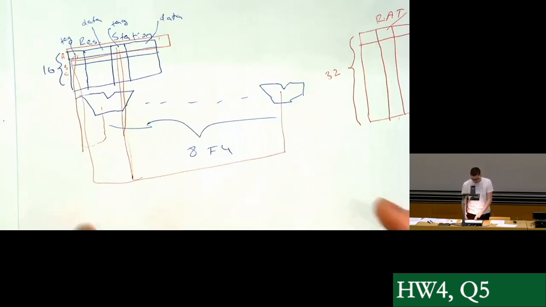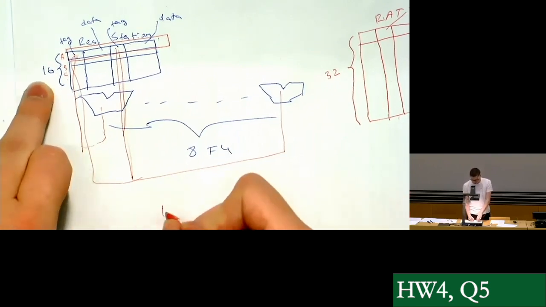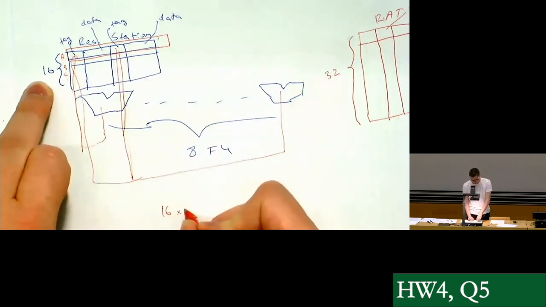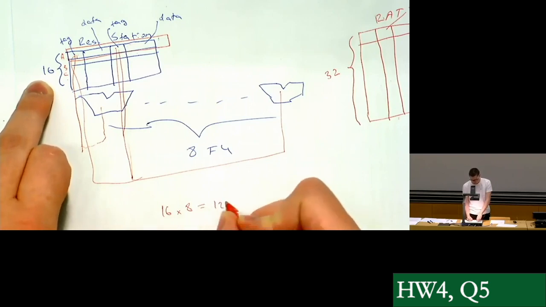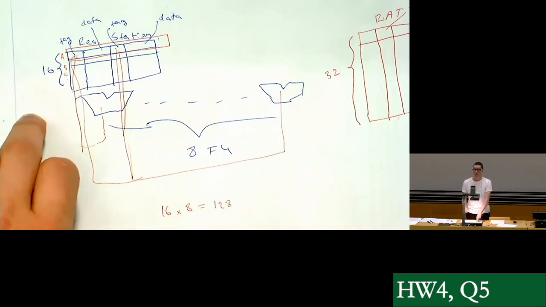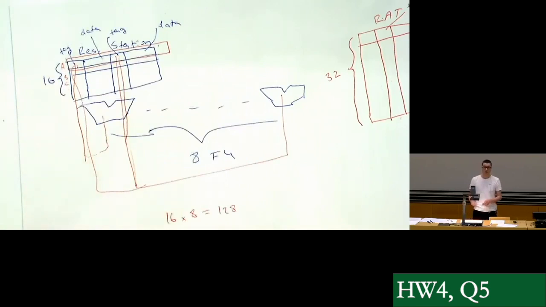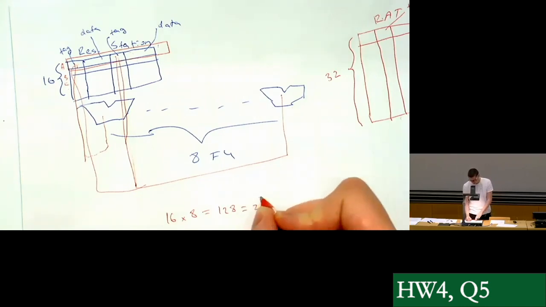So there are 16 entries in a single reservation station. And we have 8 reservation stations in total, right? Which makes 128. So this is the address space that we should be able to address, right? And basically this is equal to 2 to the 7th.